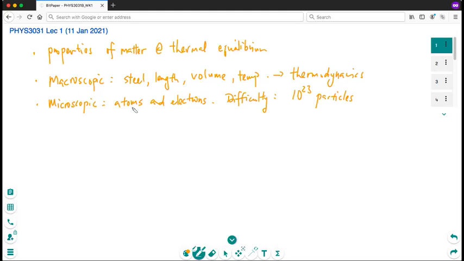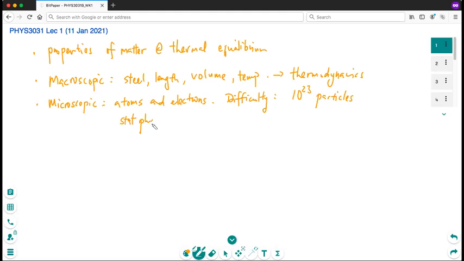So for this approach, you need to learn how to deal with large numbers. And that is when you find statistics helpful. With the help of statistics, you can do statistical physics.